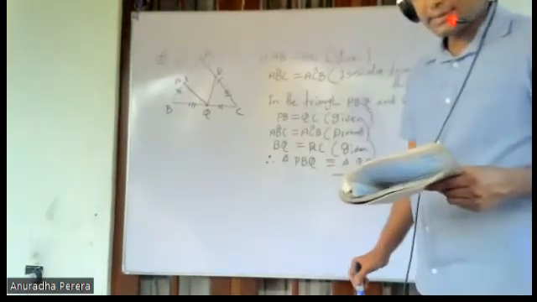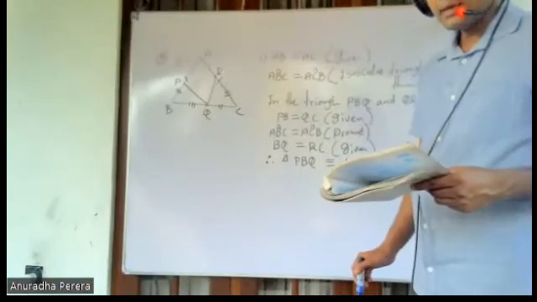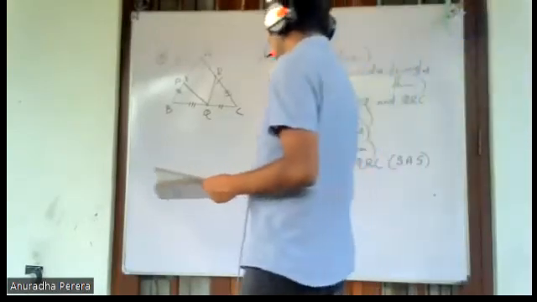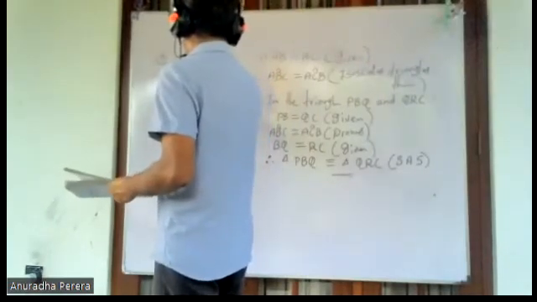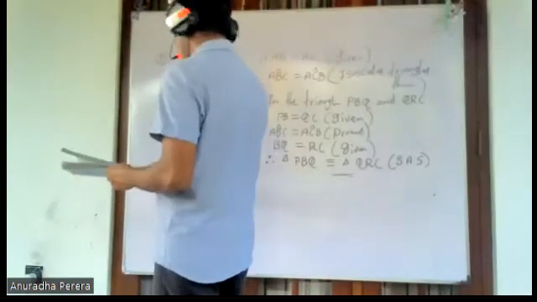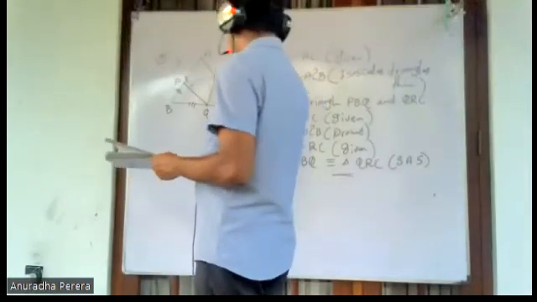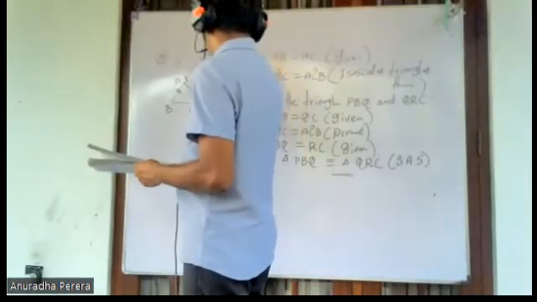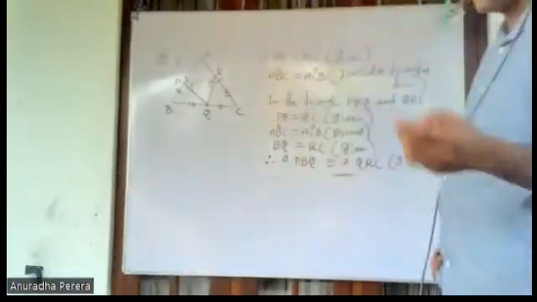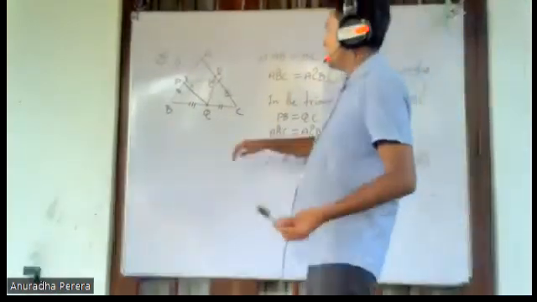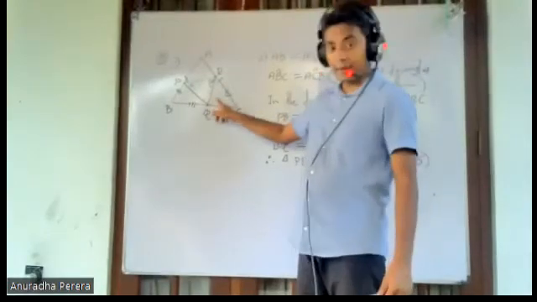And the second part, prove that angle QPR is equal to angle QRP. You can very easily prove it. We proved these two as congruent triangles.